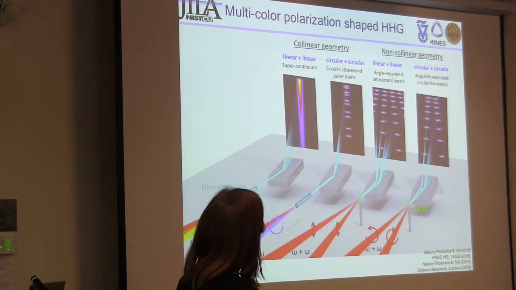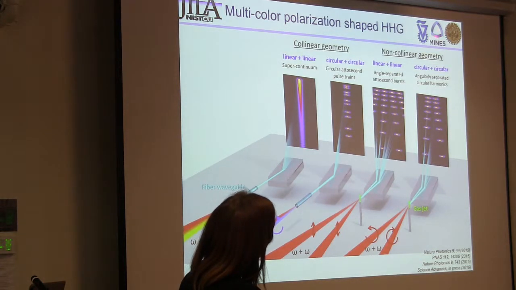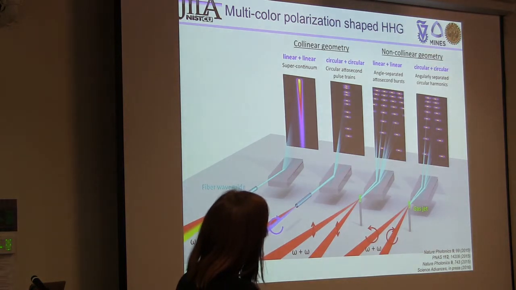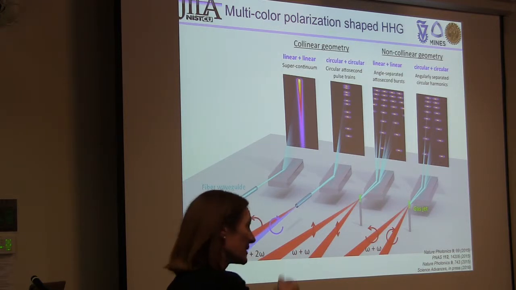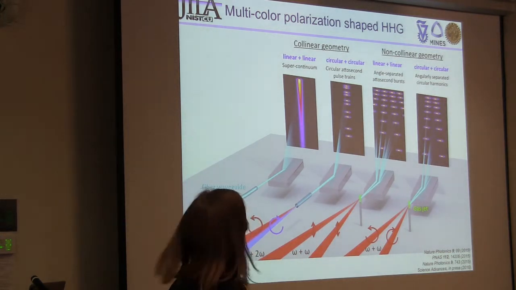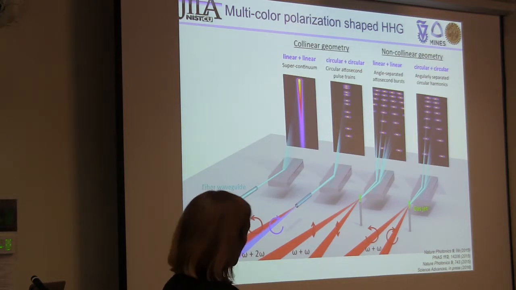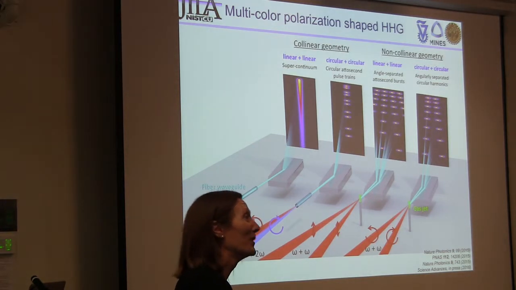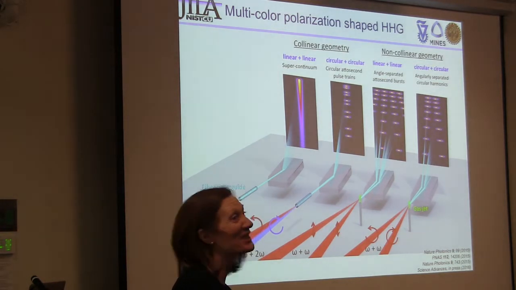To show you work with the School of Mines and Luis Plaja in Salamanca, we extended the beautiful work Paul's group and others did with crossed beams. Now if you use crossed, oppositely polarized circular beams, you send all of the right circularly polarized harmonics in one direction and the left circularly polarized harmonics in the other direction, which is kind of cute.